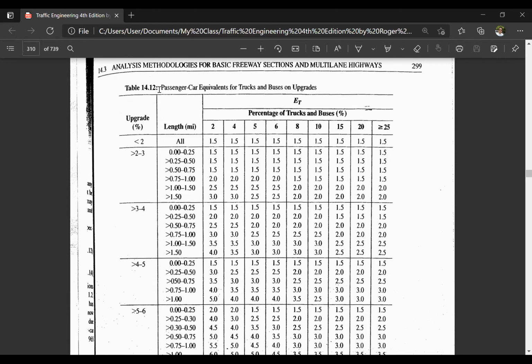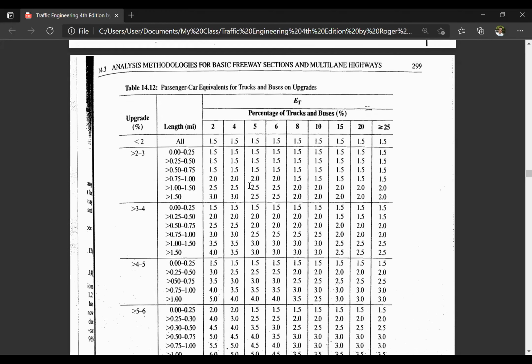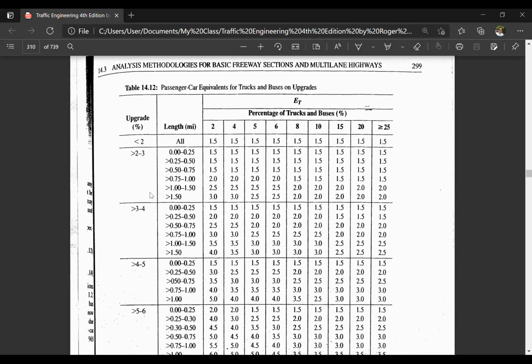This is table 14.12, for trucks and buses on upgrade. ET for upgrade: if it's less than 2%, it's just 1.5. For 2 to 3%, and the length in miles, there are different categories here. You need to use the right ET according to the percent of buses and trucks.